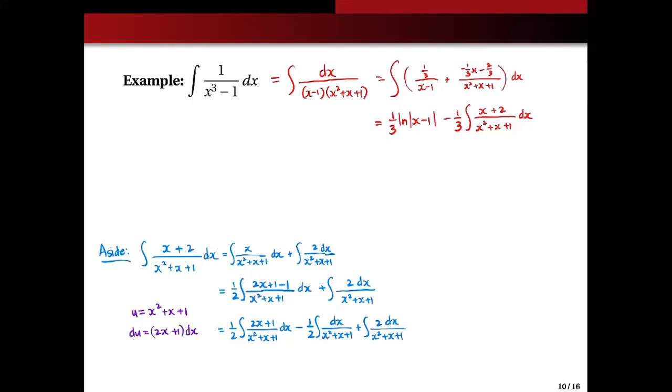And look at this. You have here 1/2. You have negative 1/2 plus 2. So if you combine this expression, you'll end up with 1/2. So this is just the same as this guy here.